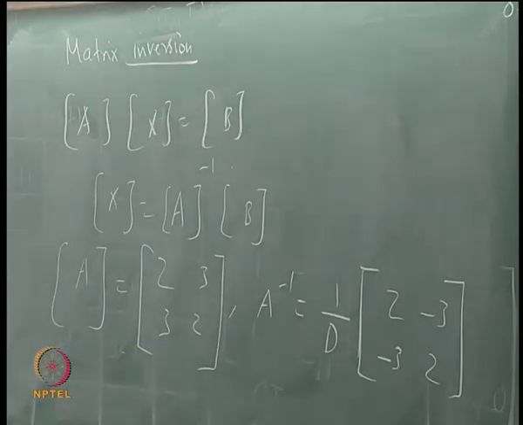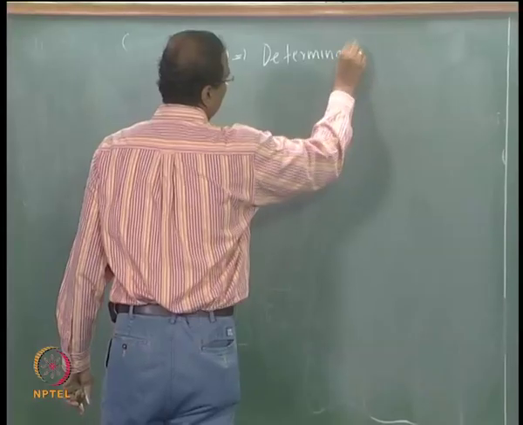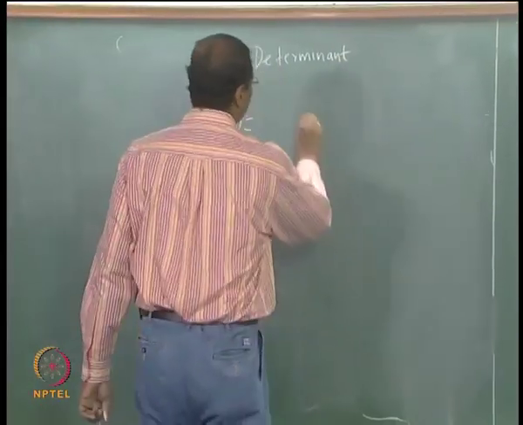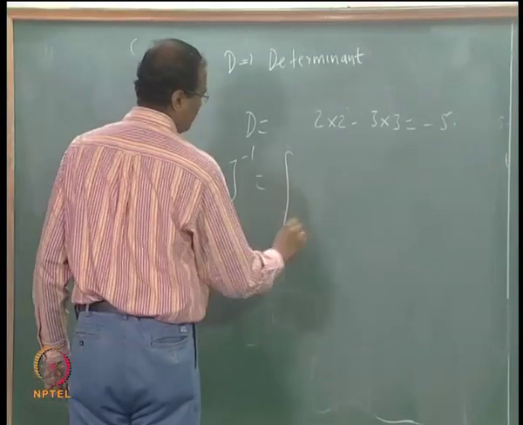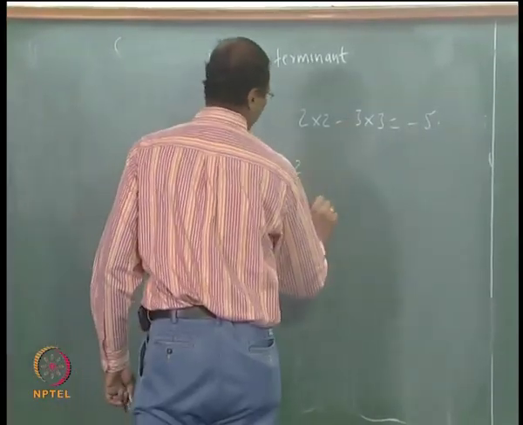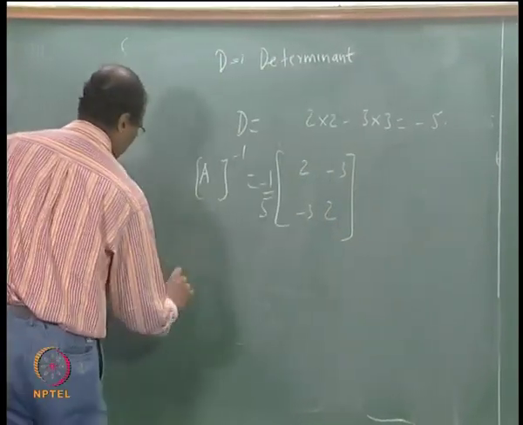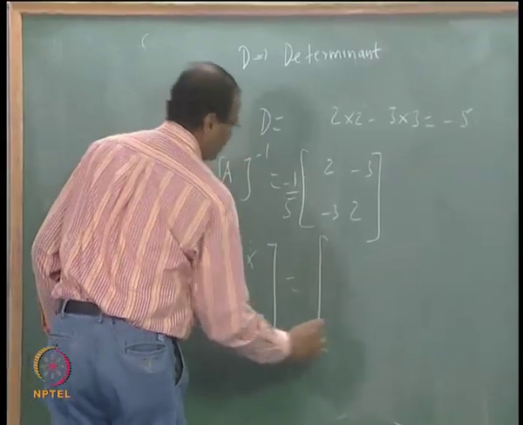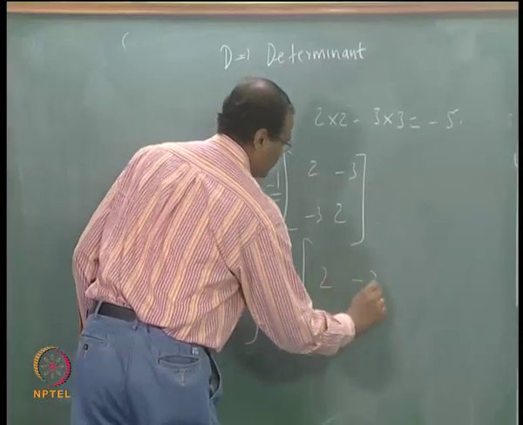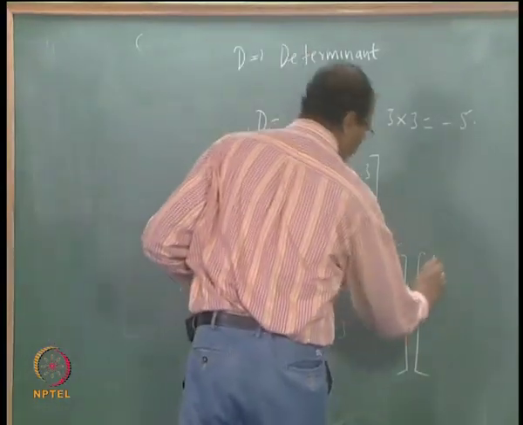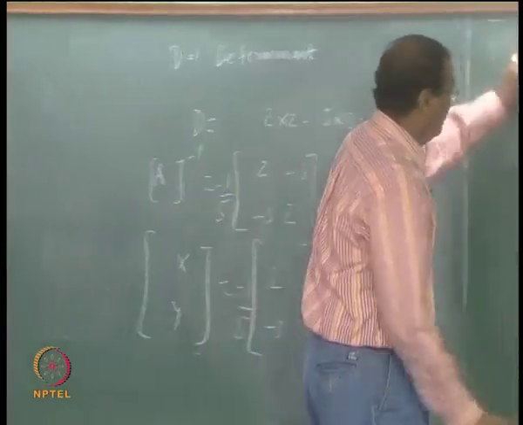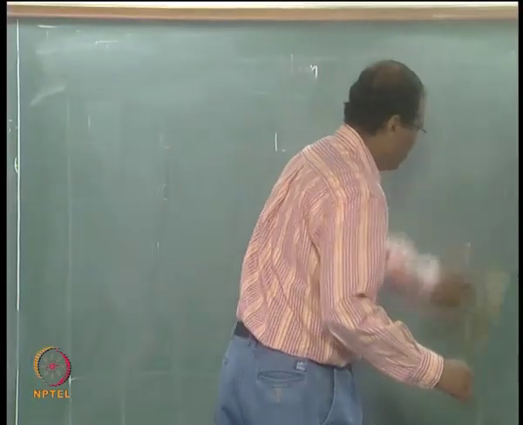But D is the determinant. You can complete it, hopefully it gives 2, 3.